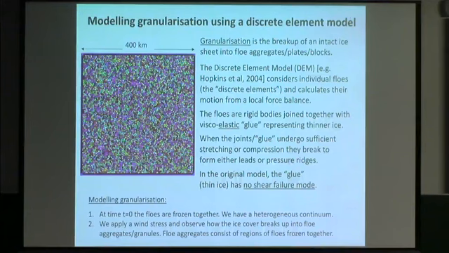Now, the thing that we did which is different to what had been done before with discrete element models is we incorporated a shear failure mode. In the earlier models by Mark Hopkins, you had pressure ridging, you had tensile opening. Once you had a crack, you had friction across the crack interfaces, but you couldn't have the crack form through shear failure.